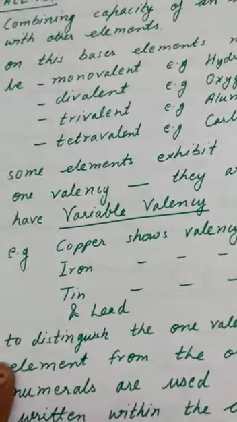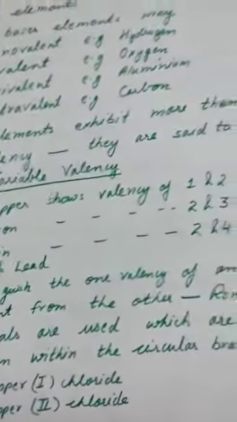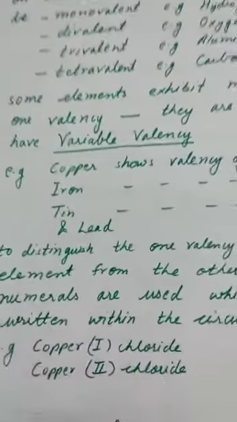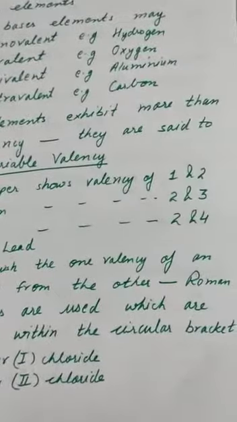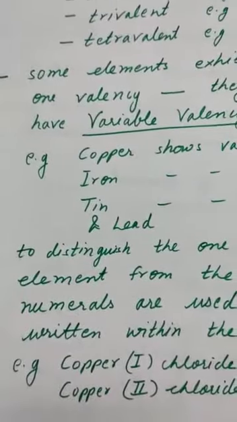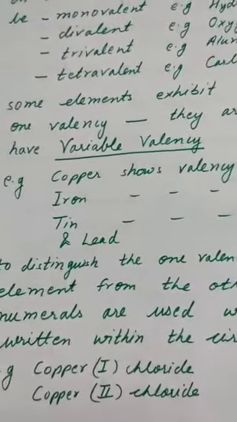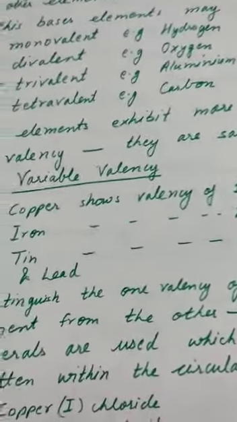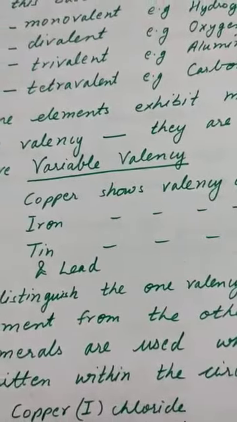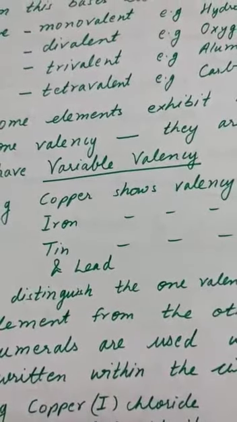Now, if an element exhibits variable valency, then to distinguish one valency of an element from the other, what is used? Roman numerals, which are written within a circular bracket. So these Roman numerals are used to distinguish one valency of an element from the other.